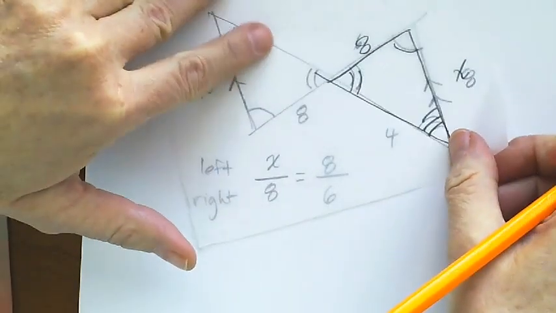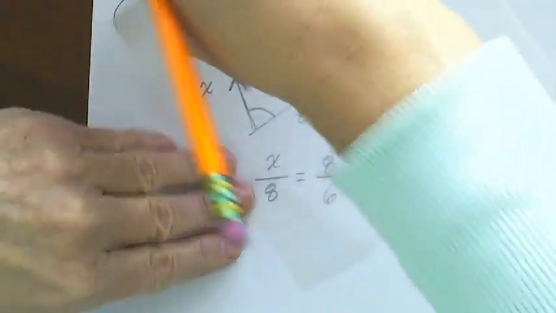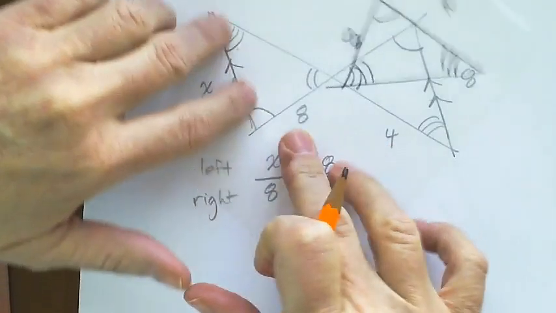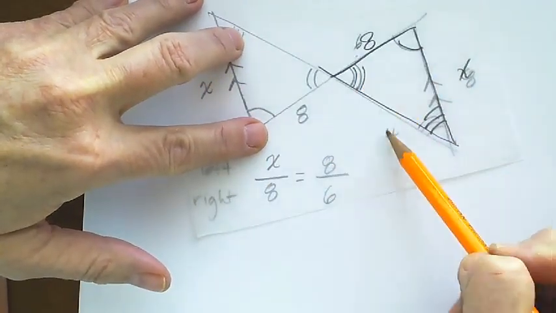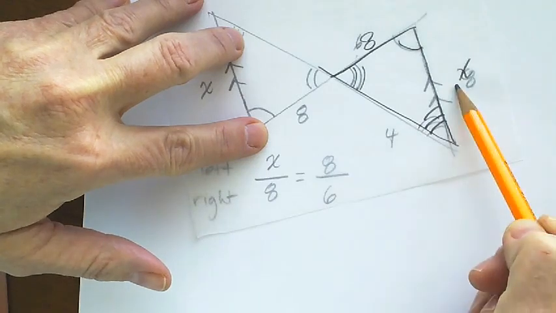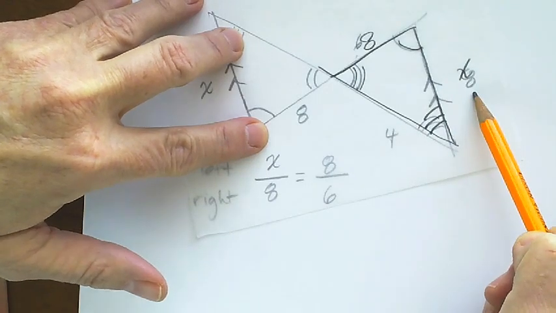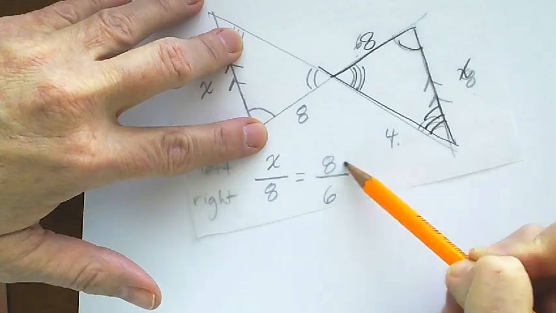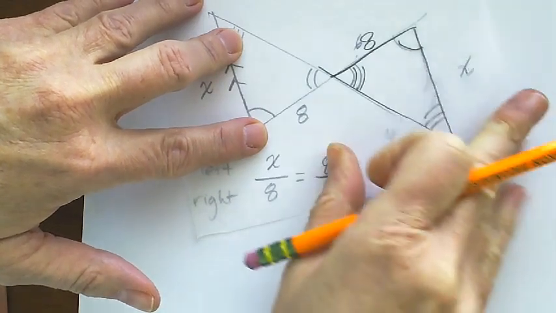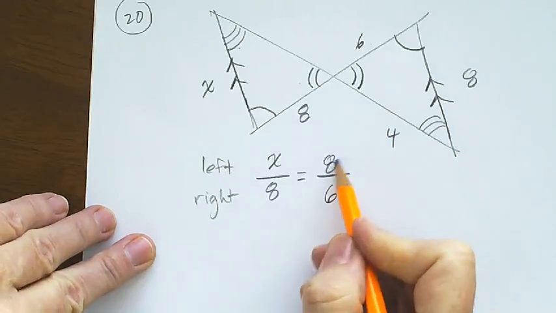Let's see, I could have just rotated that, I think. Yeah, okay, so if I just rotate it, I see 8 corresponds to 6, not 4. X corresponds to 8. That one's easy to pick out. But sometimes people will mess this up right here and put 8 corresponding to 4. So there's a couple of strategies there.